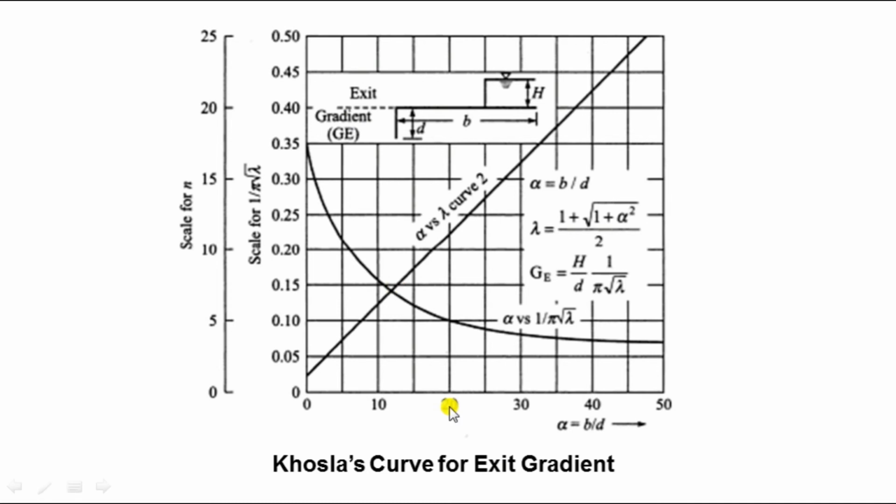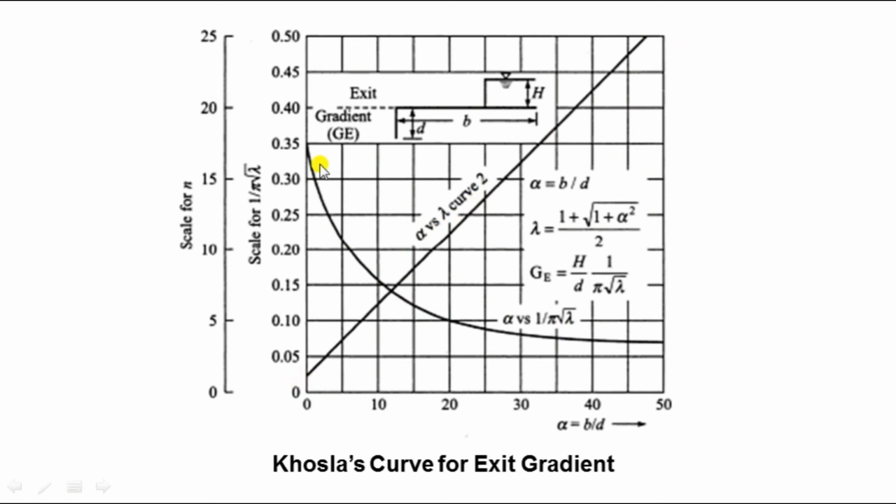Those are the Khosla's curves for exit gradient. We are also calculating the exit gradient as per Khosla's theory. So the Khosla's curve's exit gradient line is that, and that is the alpha versus lambda curve.